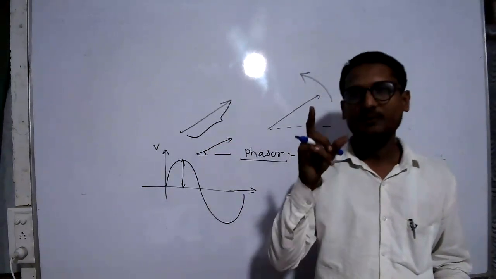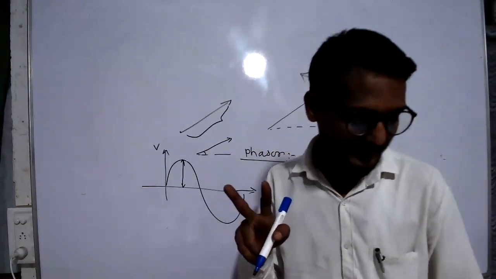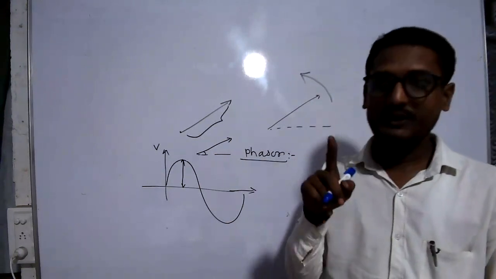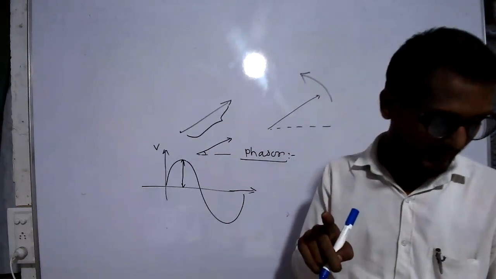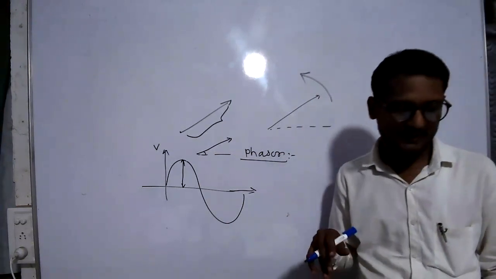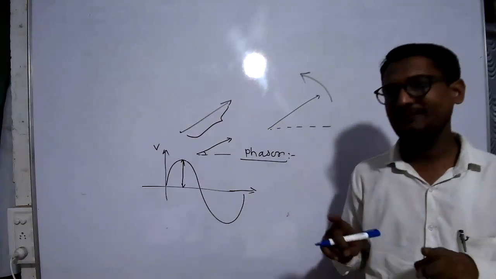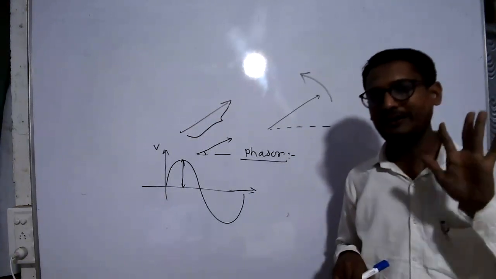Yes, we can draw the phasors of two different quantities, but one important condition is that we can draw two phasors for different quantities if and only if their frequencies are the same.